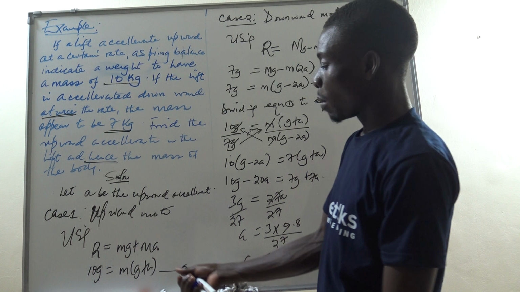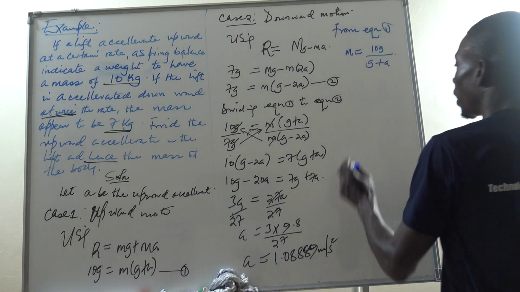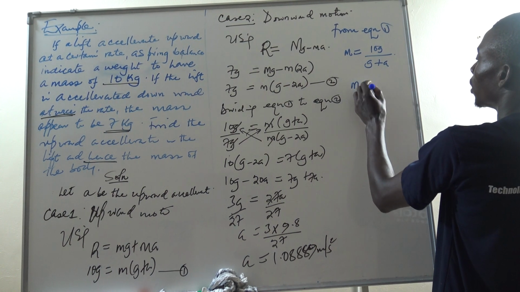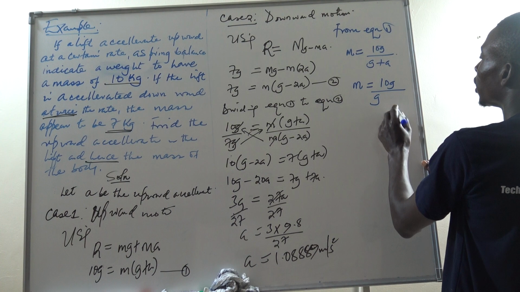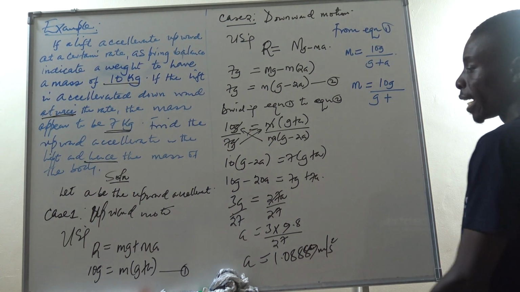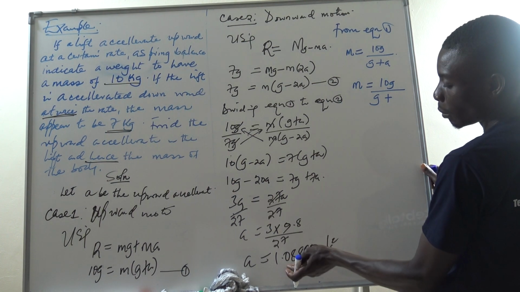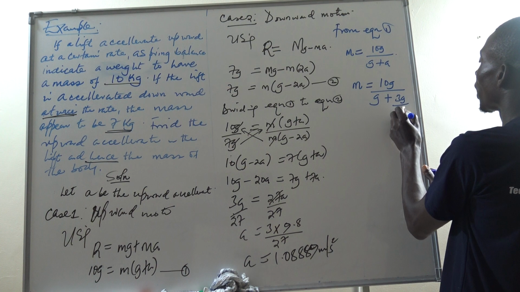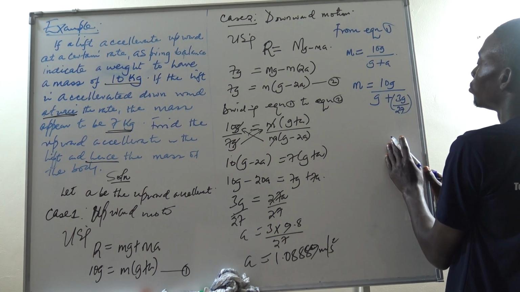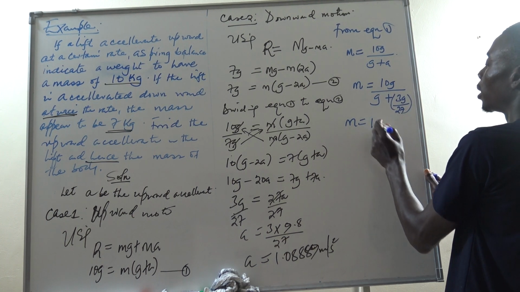So that's when I make m the subject from here: m equals 10g divided by (g plus a). What is my a? I can substitute this value, 3g out of 27. You can now simplify from here.